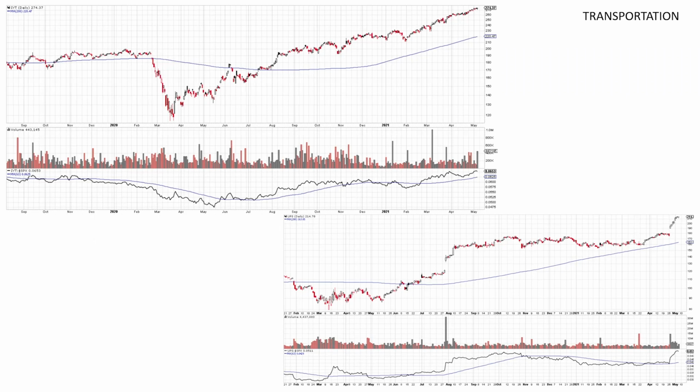Top left chart is the Dow Jones Transportation ETF, symbol IYT. Look at that really beautiful uptrend and the persistency of it as it just keeps grinding its way higher and higher, which really indicates the economy is rolling along on transportation stocks.